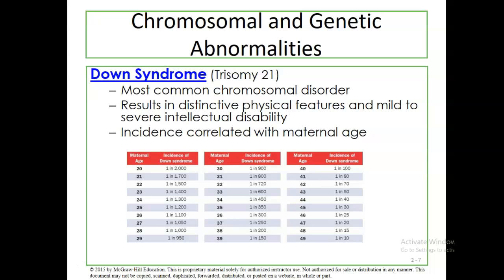So as you can see, it becomes increasingly higher risk of having a child with Down syndrome as a woman gets older. And women do give birth at the age of 45 and 48, certainly not as commonly as at 25 or 28. One of the reasons is that, hopefully, they understand that the older they get, the higher the chance of having a child with a chromosomal disorder.